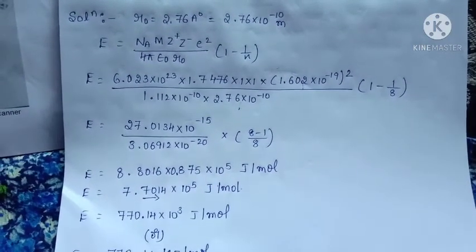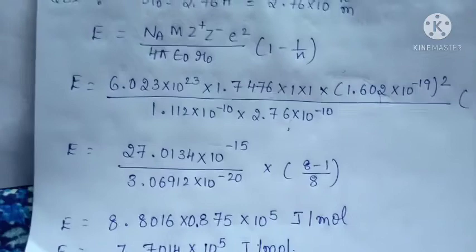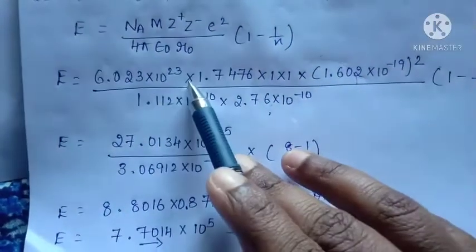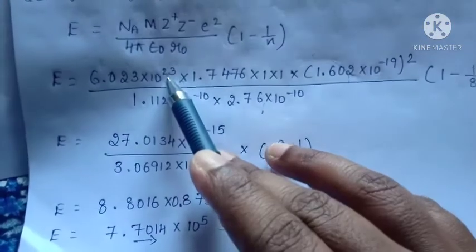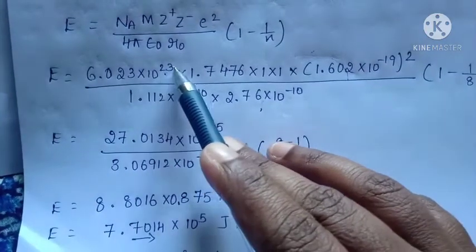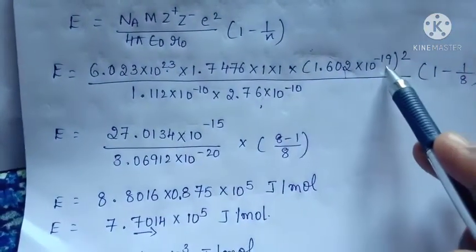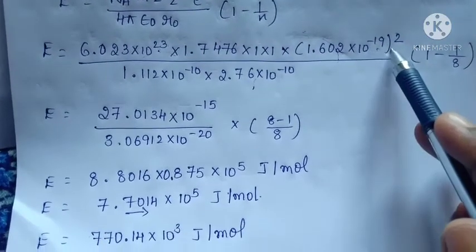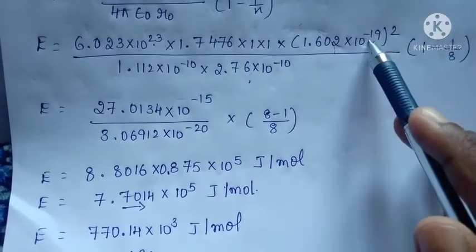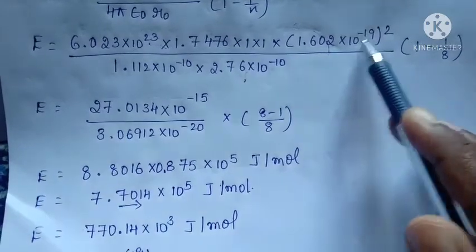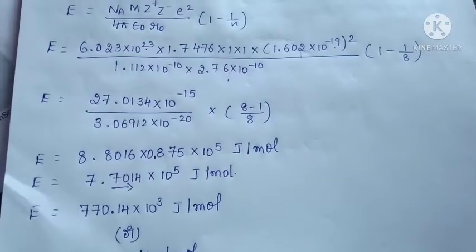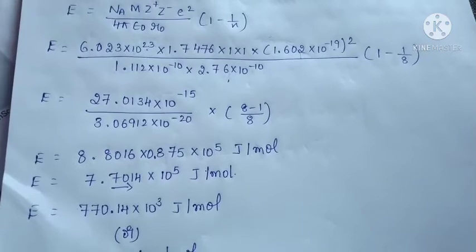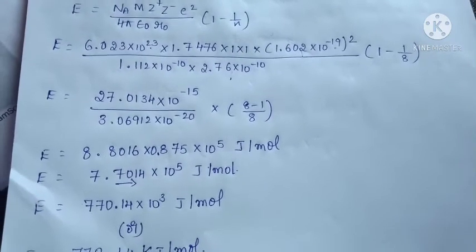Okay, here Na is Avogadro number, 10 to the power of 23. Here 10 to the power of minus 19. 19 twos are how much? It gives 38. The 23 should be subtracted by the 38.